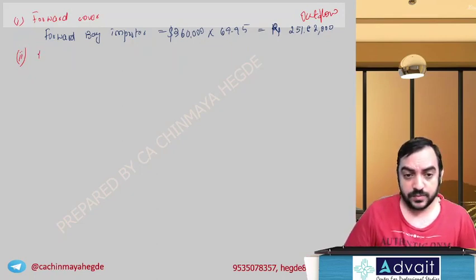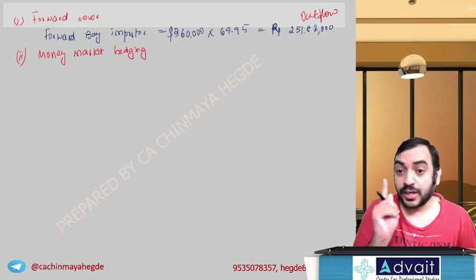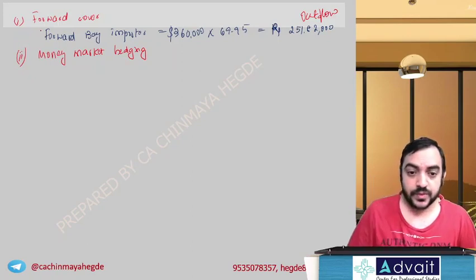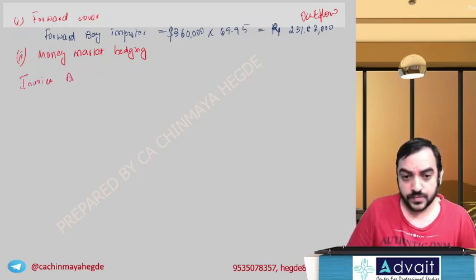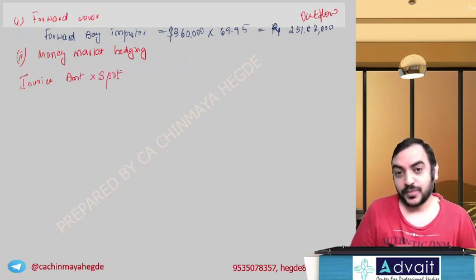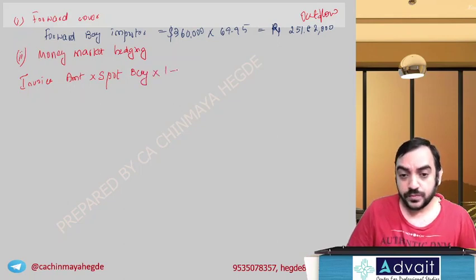Now money market cover. That means money market hedging. Hope you remember the shortcut. But don't write the answer in the shortcut. You should give the steps. What is the shortcut? Use the IRPT formula. For an importer, it's going to be invoice amount multiplied by spot buy rate, multiplied by 1 plus local divided by 1 plus foreign.